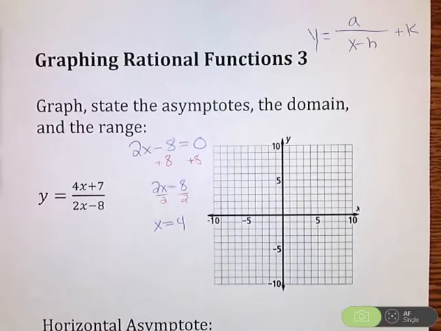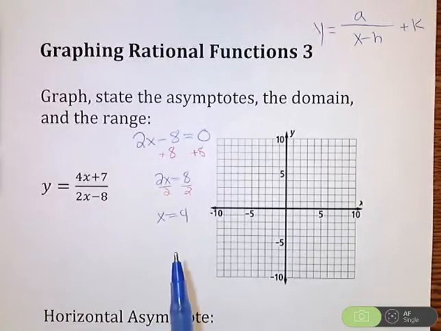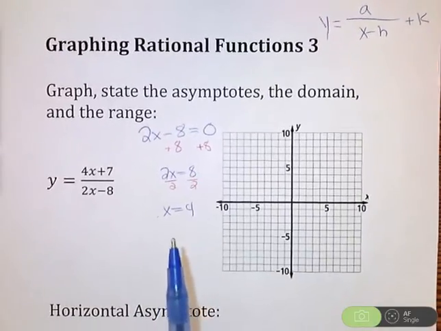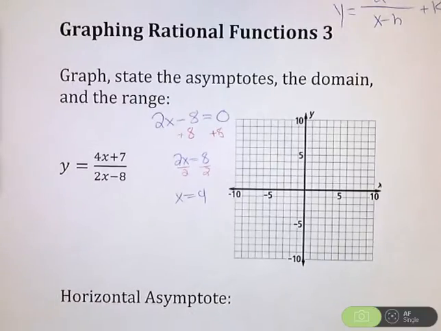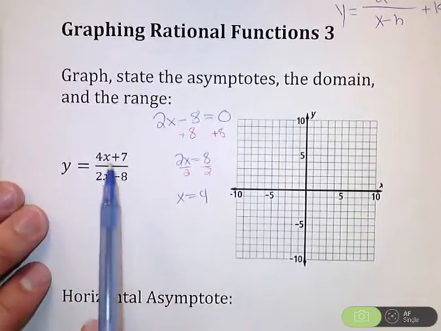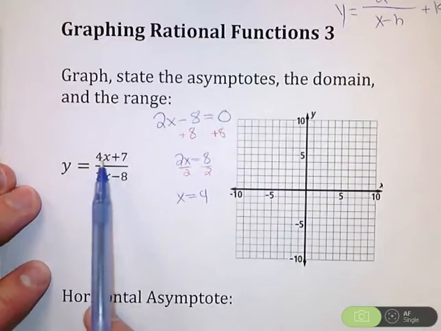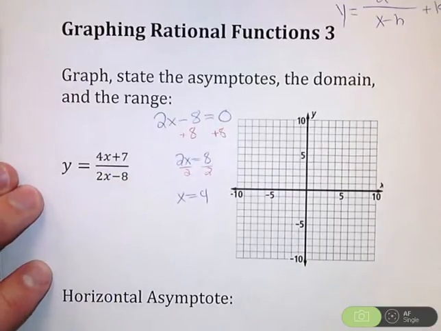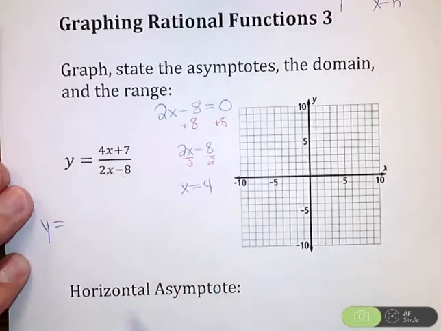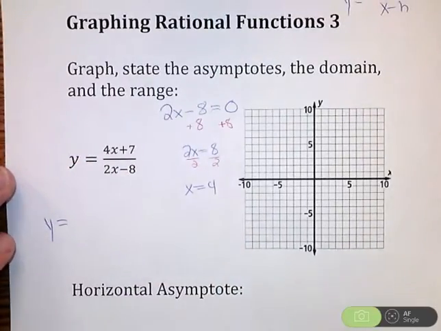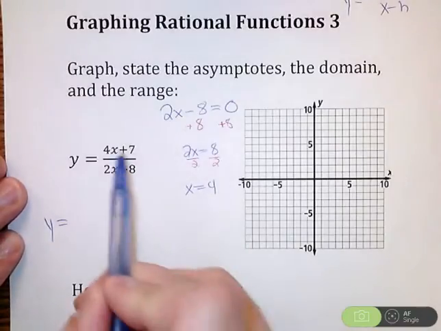If you remember from all the videos, with the asymptotes we have an x equals and a y equals asymptote. We have to find the y equals asymptote. Now this one's a little bit different to find. Notice how I have a single x on top and another x on bottom. To find the y equals asymptote, we take the coefficient of x on top.